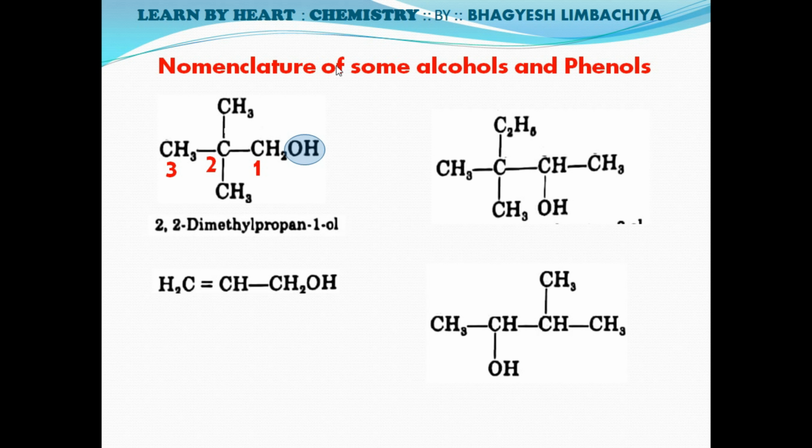Consider the second example. Here the OH-containing carbon is given the least number, so numbering will start from right to left. So 1, 2, 3. Now see, if we consider this fourth carbon atom, we will get in the longest chain 4 carbon atoms, but here as a branch there is an ethyl group, so we will give the fourth and fifth number to the carbon atoms of this ethyl group.